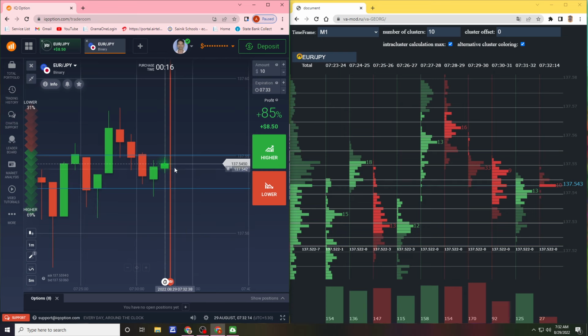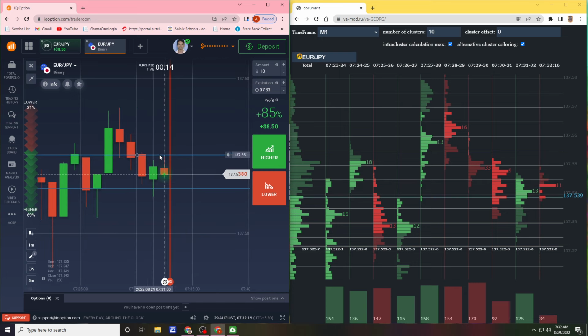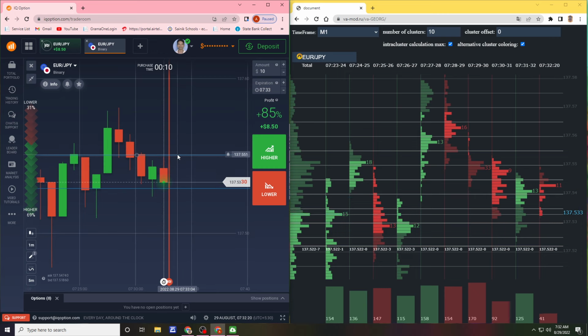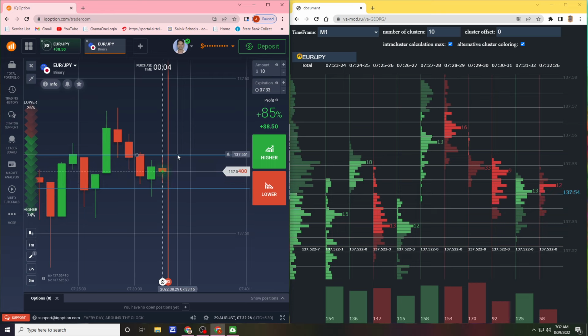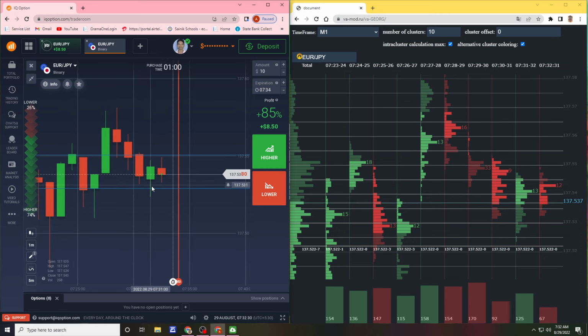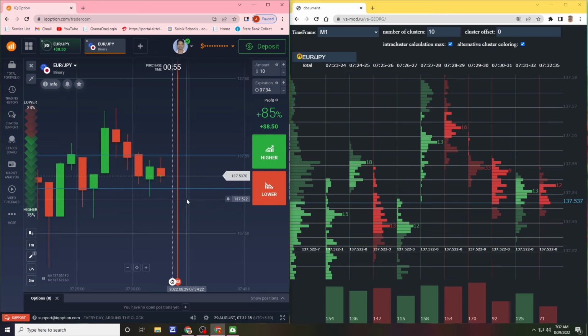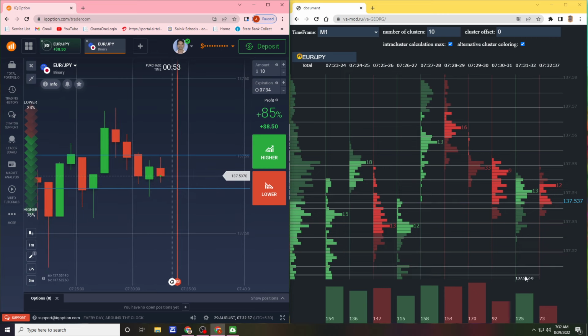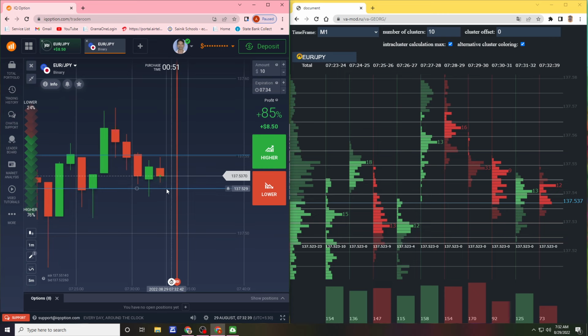If the buyers test this POC with high volume, I will go with the sell option here. The market didn't close exactly here; there is a gap in this POC. I will wait for the gap to fill and for a test with a high buyers candle.